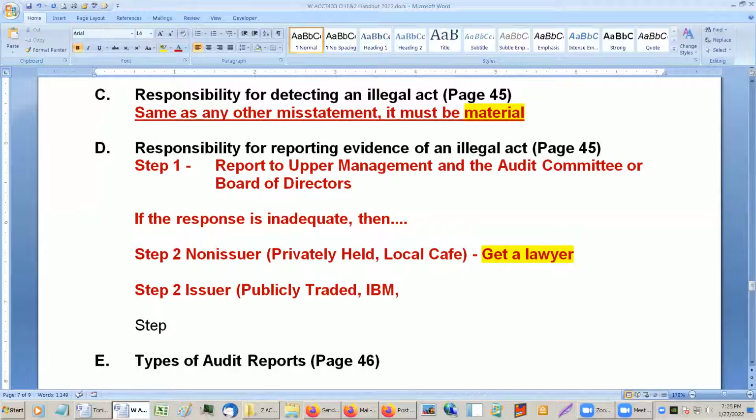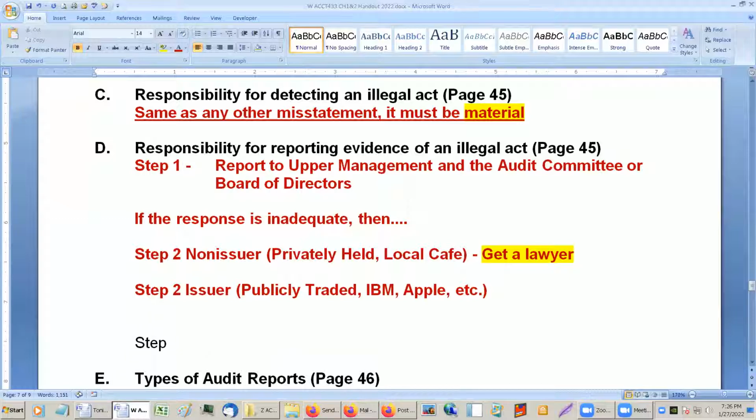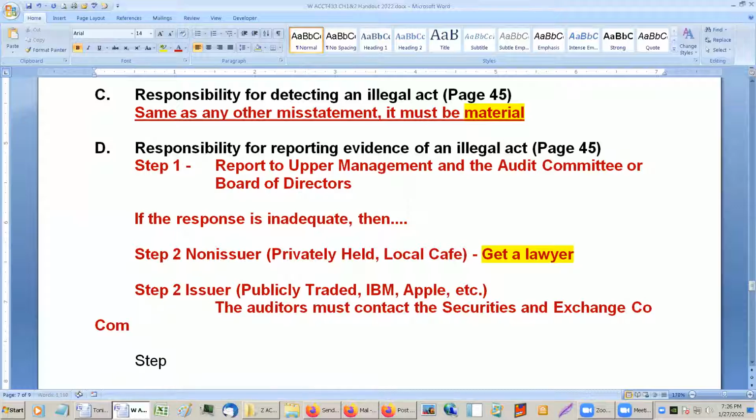IBM, Apple, etc. So if it's publicly traded, the owner must contact the Securities and Exchange Commission within 24 hours.